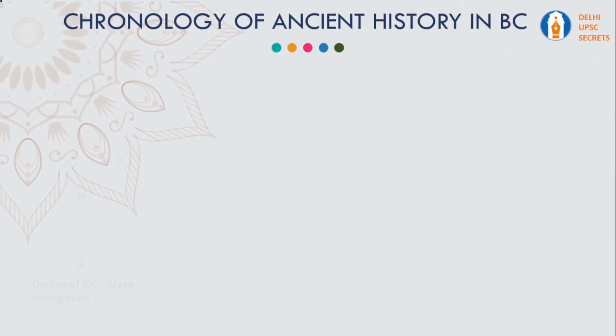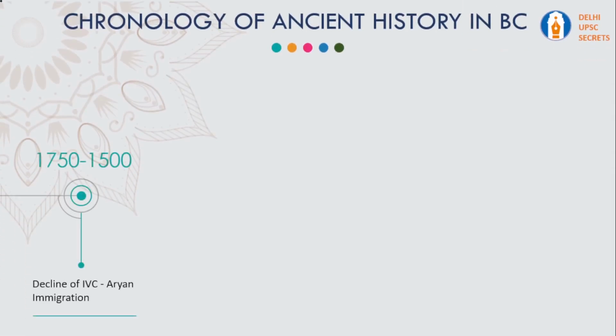Okay, moving forward, we have 1750 to 1500 BC, where the Indus civilization starts declining. People talk about various reasons. People talk about Aryan immigration, and a few historians and archaeologists also believe that climate is one particular reason for the decline of the civilization.